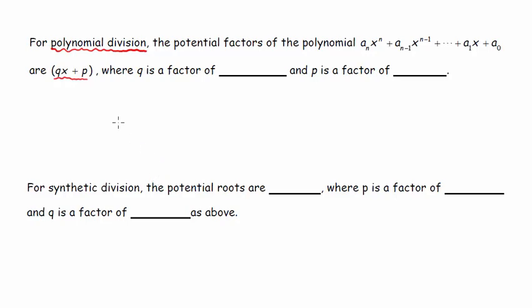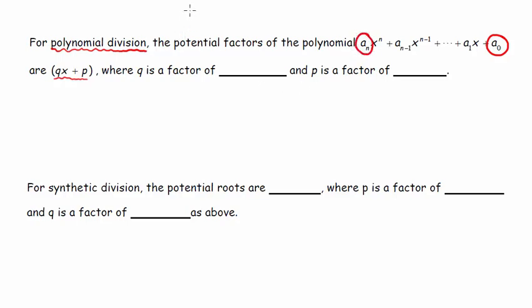The factors of this constant here had to be a factor of the constant term of my cubic, and this q here had to be a factor of the leading coefficient.